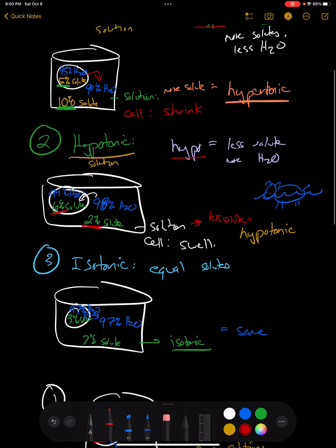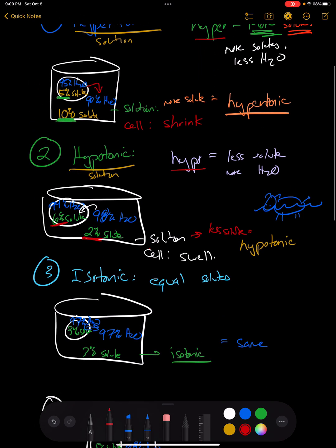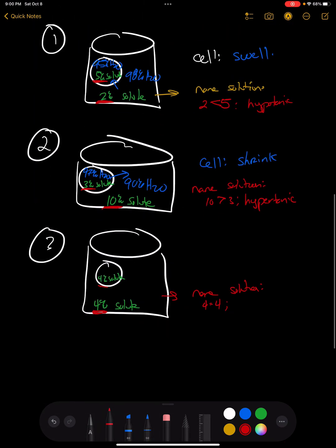And if I look at my words, which one means same? It's iso. So this is an isotonic solution. I make the difference up in water, so I have 96% water, I have 96% water. Water's still going to move in and out, but because it moves in and out at an equal rate, that means my cell will stay the same.